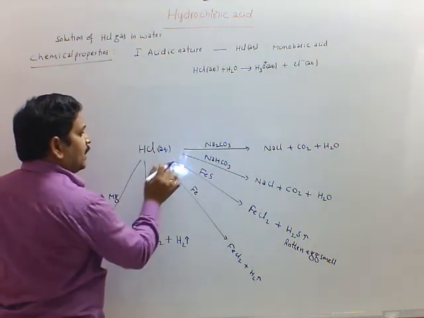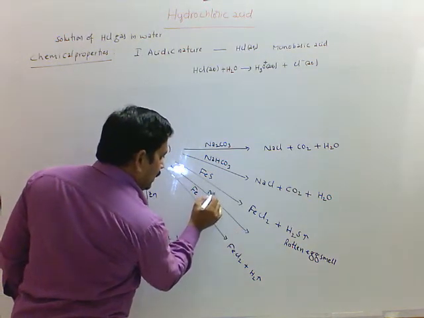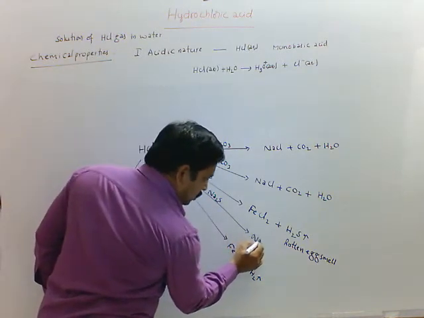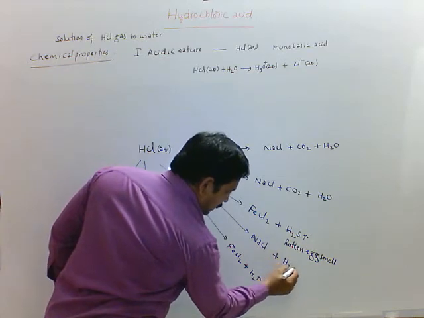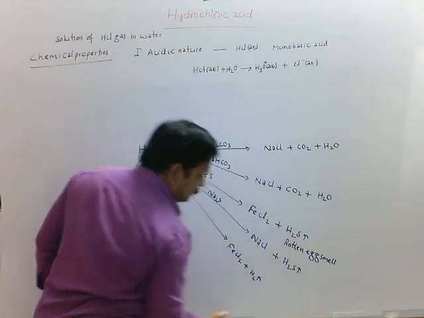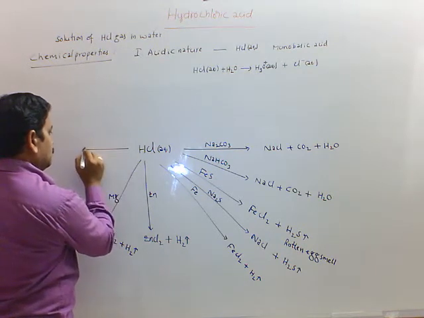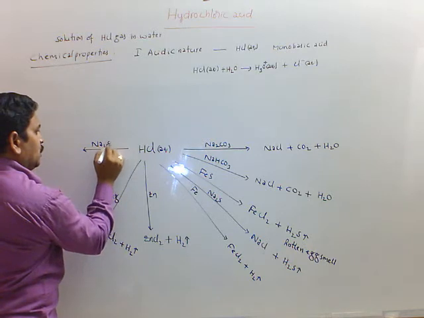And also reacts with sodium sulfide Na2S. We get sodium chloride and H2S, hydrogen sulfide gas. Reaction with sulfites, Na2SO3.